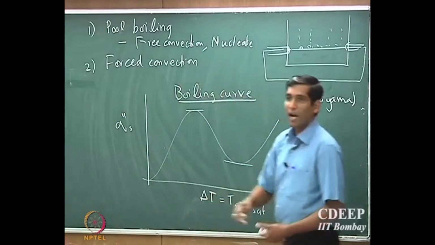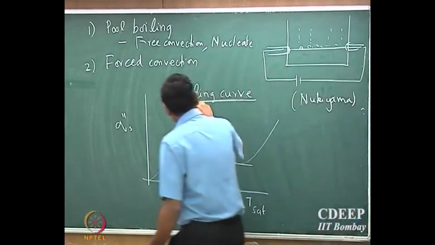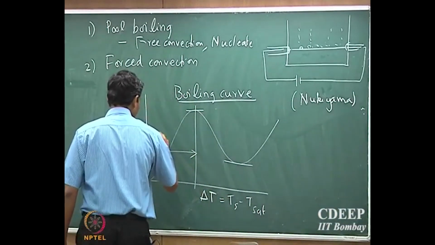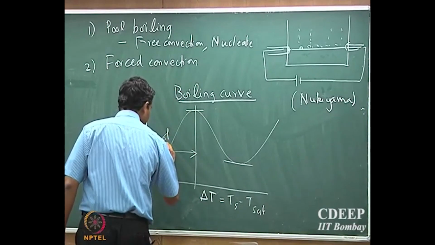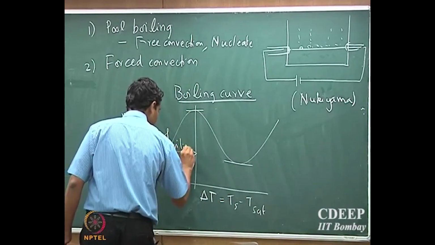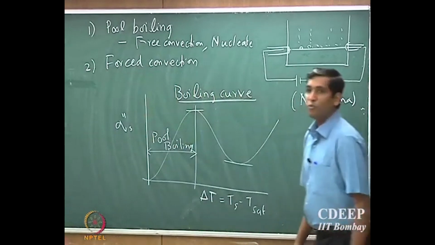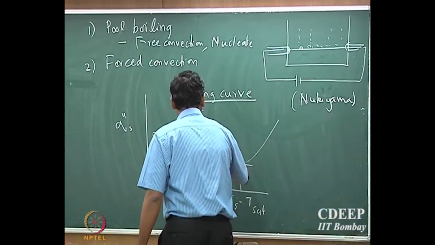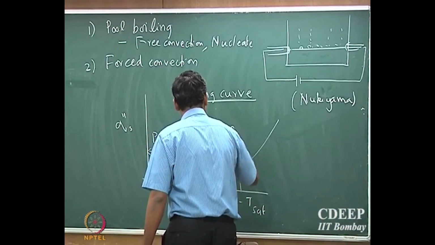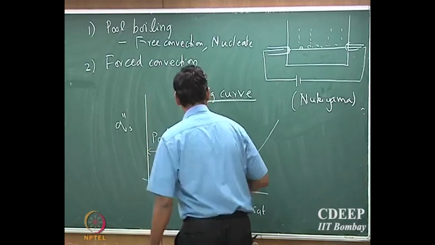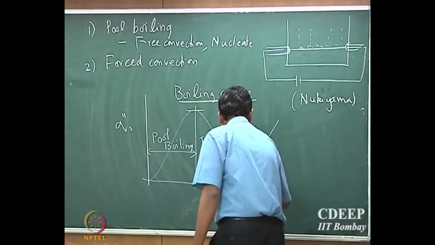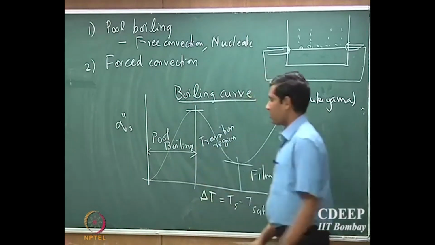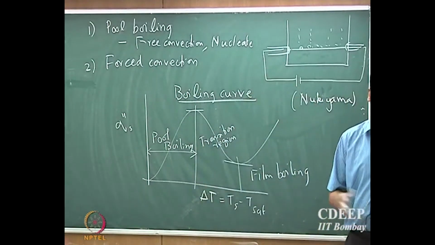The region before the maxima is called the pool boiling region, this region is called the transition region, and this place is called the film boiling region. So, these are the three different stages of boiling.